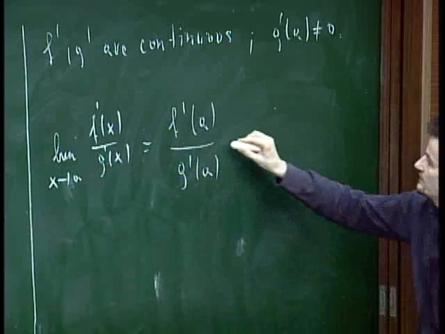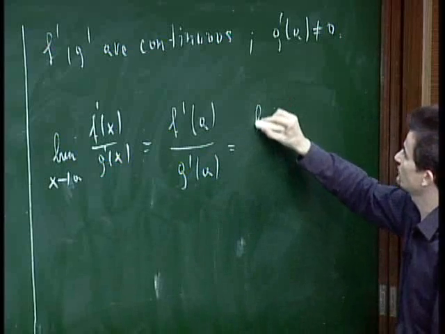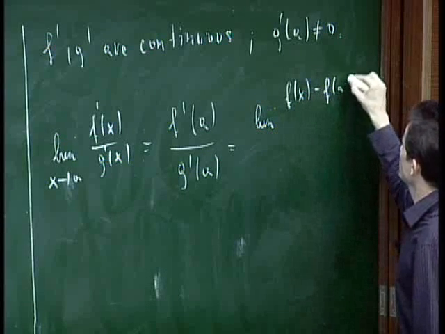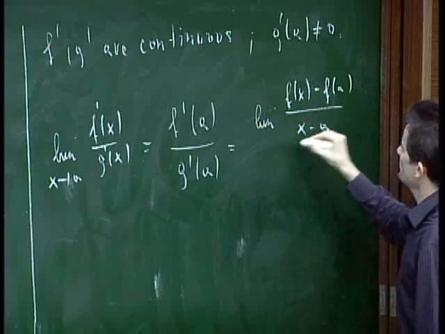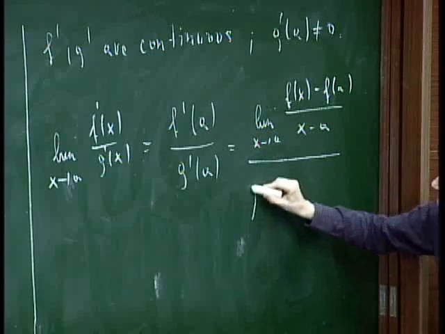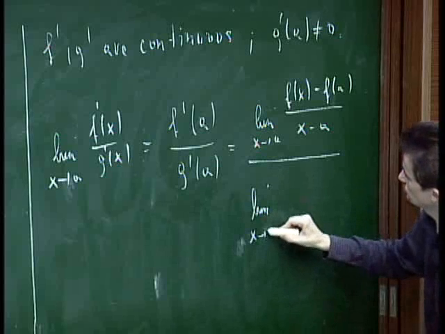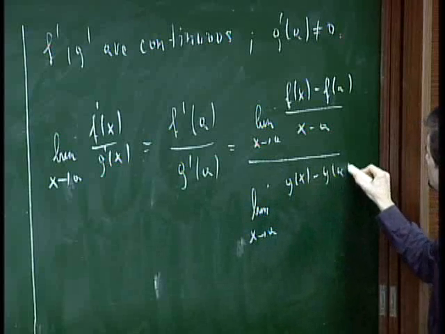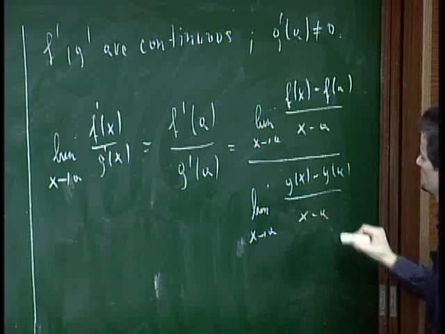Now you just plug in the definition of the derivatives. So you have the limit of f of x minus f of a over x minus a as x tends to a, over the limit as x tends to a of g of x minus g of a over x minus a.